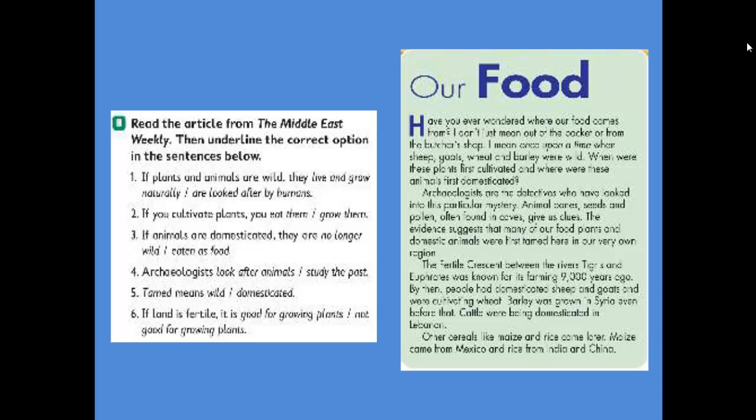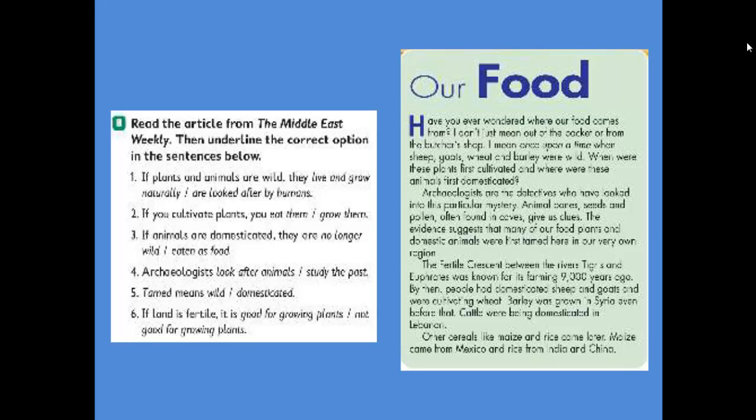Yeah, let's read number B. If plants and animals are wild, they live and grow naturally, or are looked after by humans. If you cultivate plants, you eat them or you grow them.